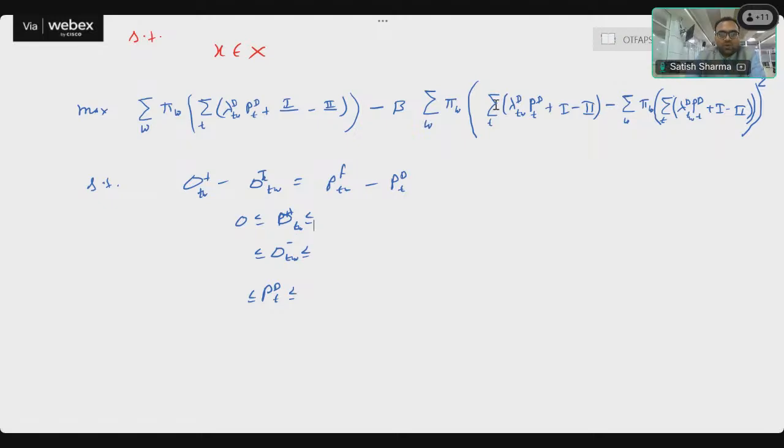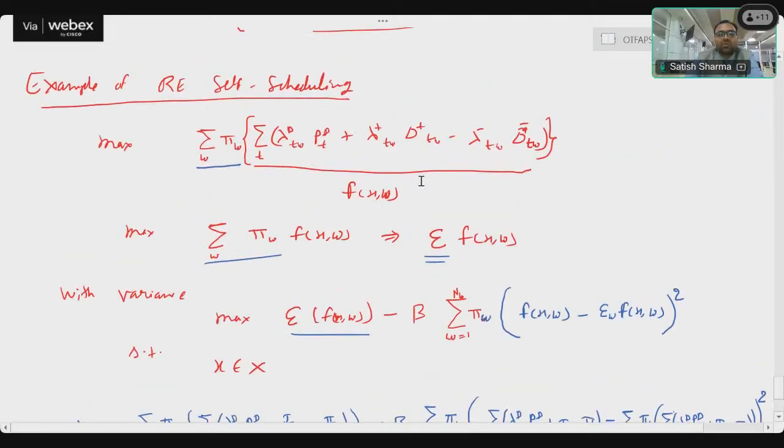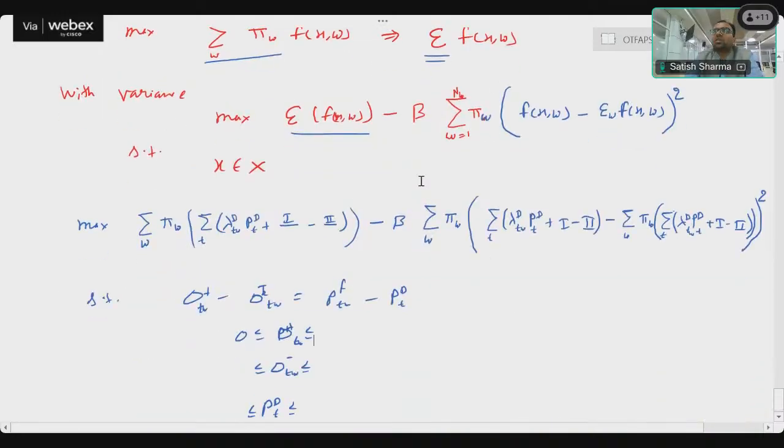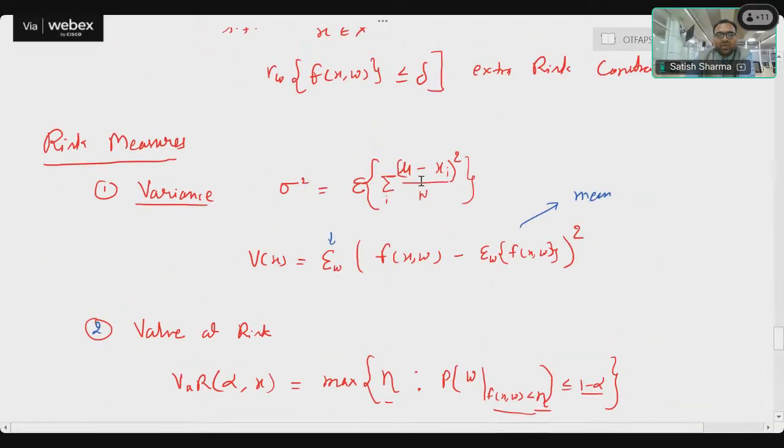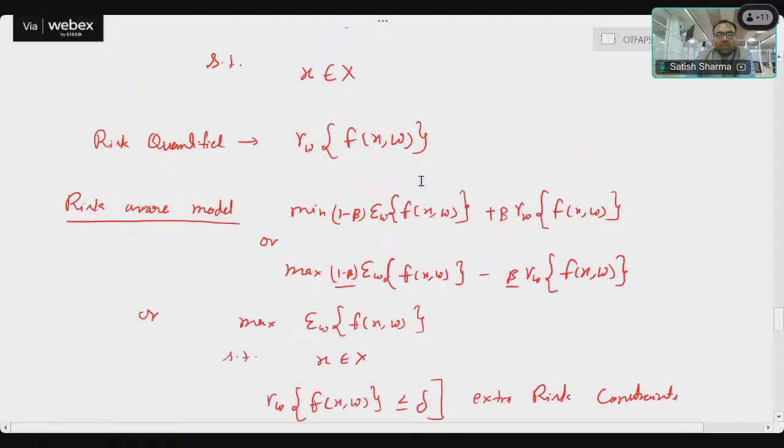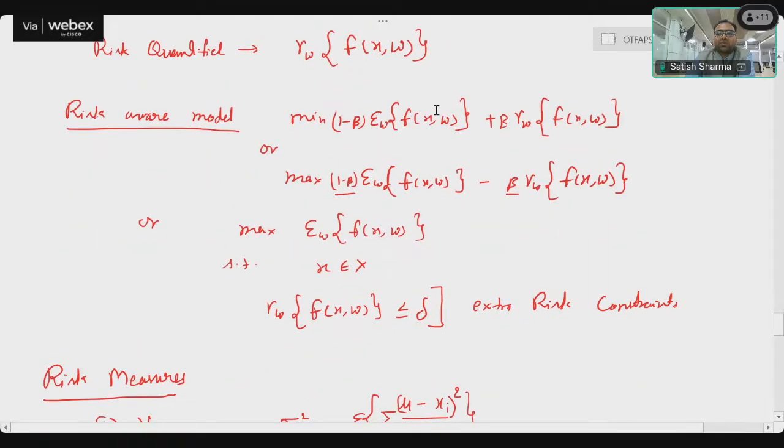Okay, so I have shown you how the problem will look with respect to the variance minimization. Similarly, we have discussed that in a generalized way we can put it like this: some objective function and a risk value. This risk value can be value at risk. This risk value can be conditional value at risk, and you can basically use other values here as well.